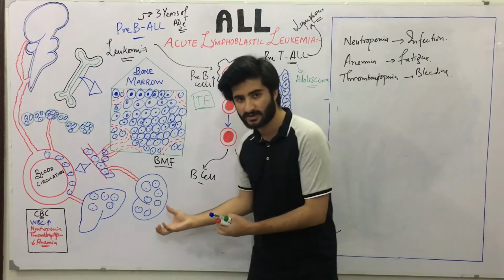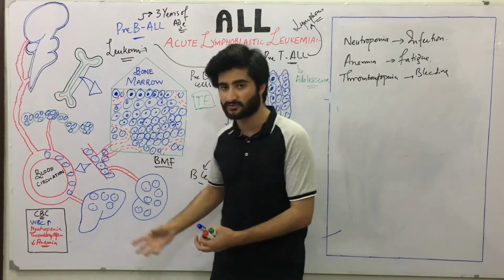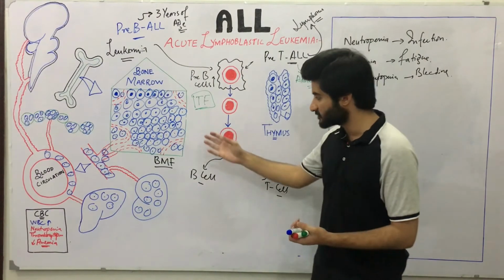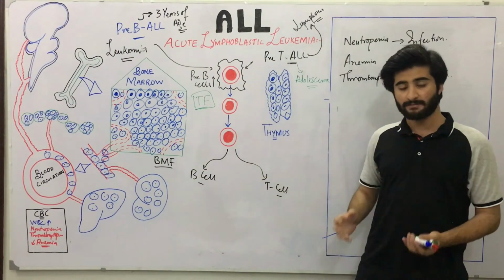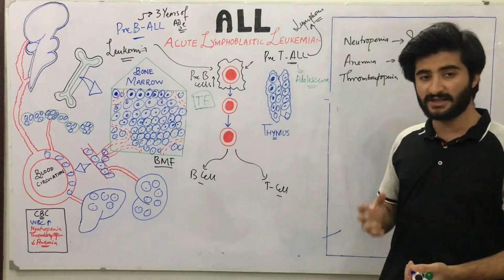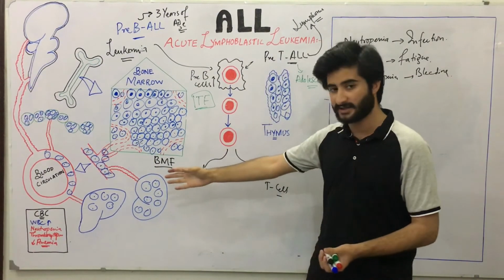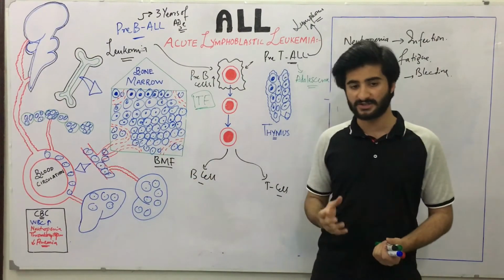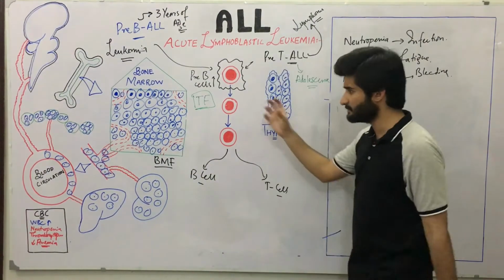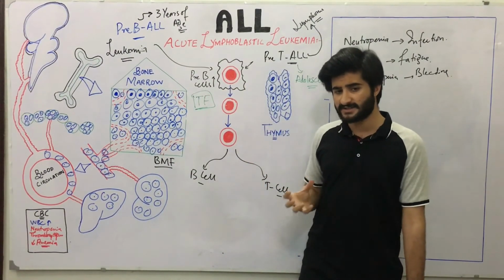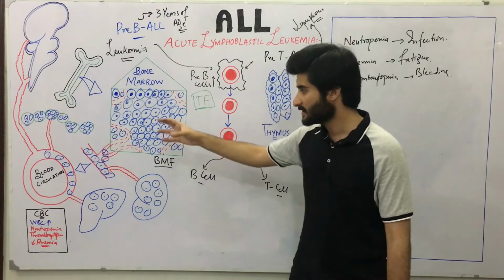They also travel towards the spleen and the lymph nodes. Why are they settling there? They are settling in the lymph nodes, in the liver and in the spleen because initially, during embryonic life, these cells used to develop in the liver, the spleen and the lymph nodes. The hematopoiesis used to occur in these organs. So immature precursor B cells have a tendency to reside in the liver, spleen and lymph nodes.